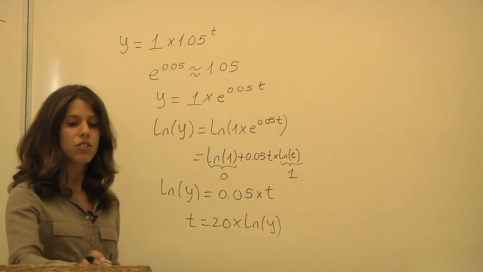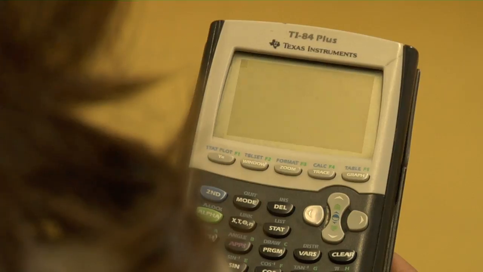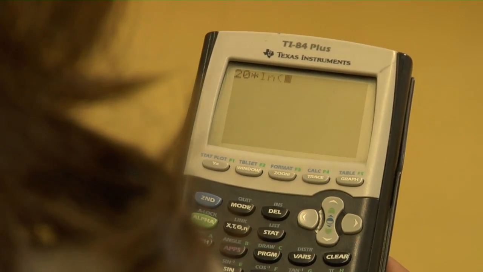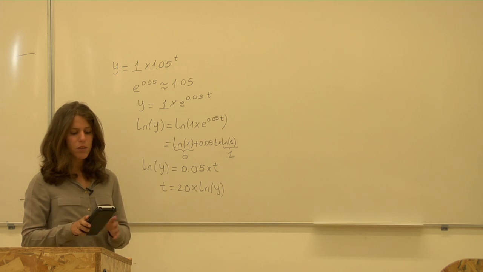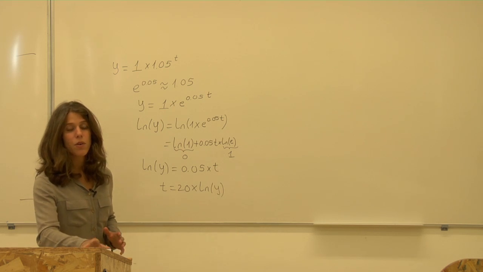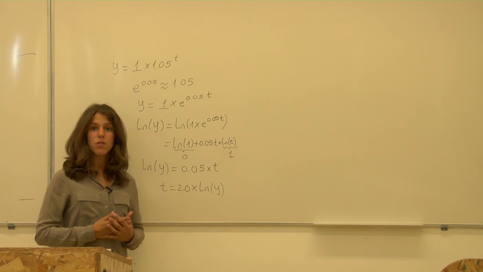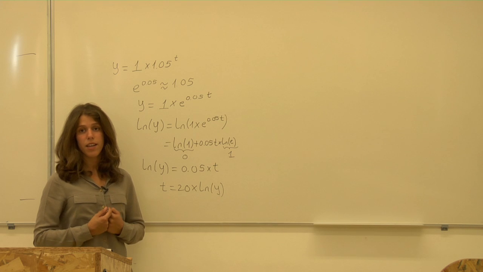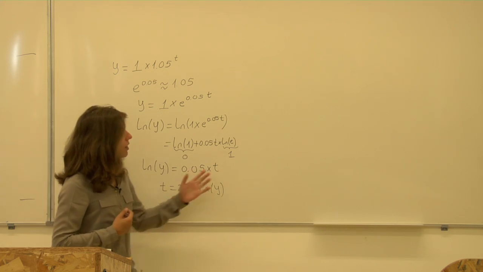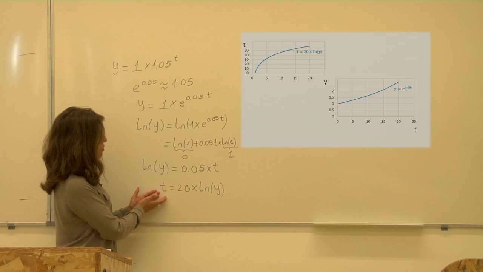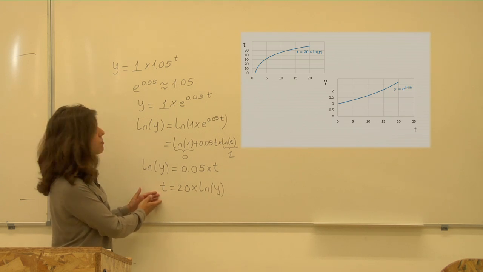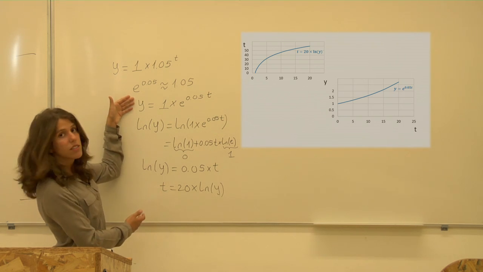So now you can also check in your calculator that 20 times log of 1.5, for example, is approximately equal to 8. So in order to get 1.5 euros in the future, you will have to wait 8 periods. Finally, in graphical terms, you can observe that the graphic of this expression is the inverse of this expression.